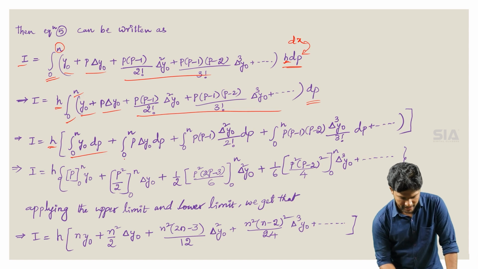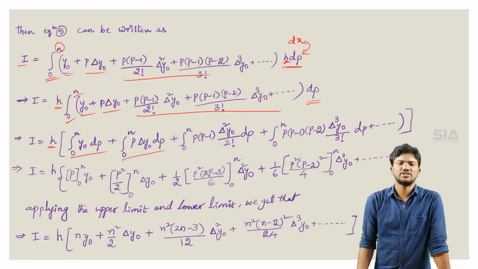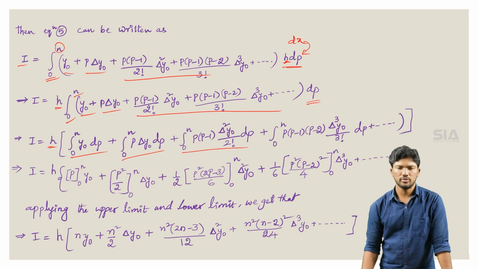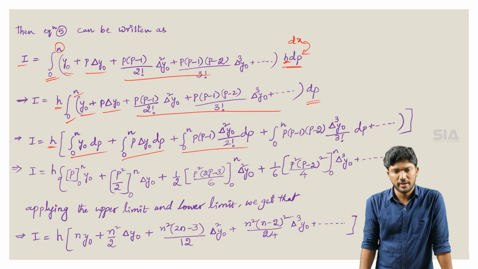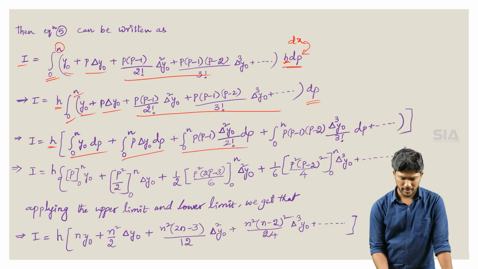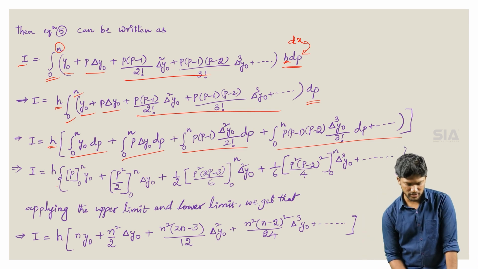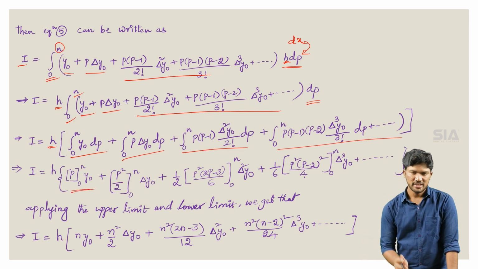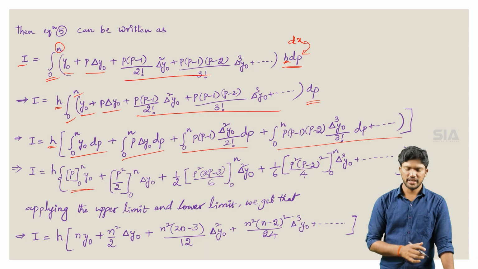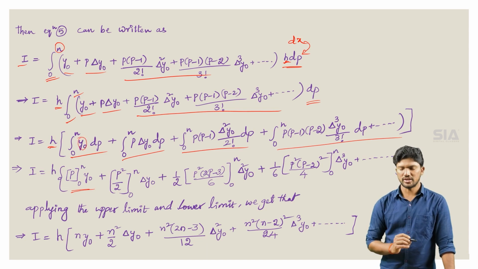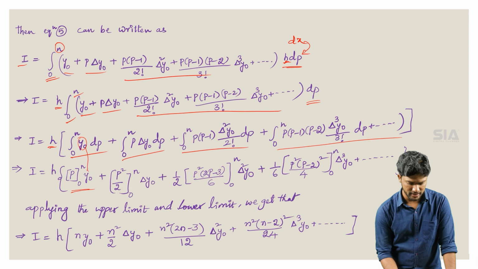For the second term we apply integration 0 to n of p delta y naught dp, plus integration of p into p minus 1 delta square y naught by 2 factorial dp, plus so on. Capital I is equal to small h into, with respect to p we are integrating. y naught is the constant, only the p terms we can integrate.